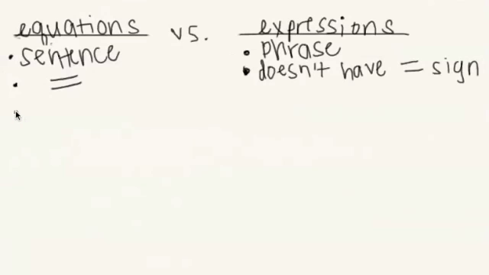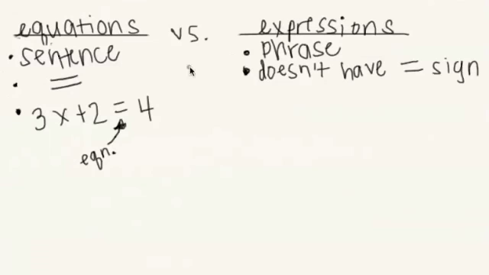So an example of an equation might look like this. Because we have that equal sign there, we know it's going to be an equation. The shorthand for equation that I like to use is EQN, just so that I don't have to write out the whole thing.